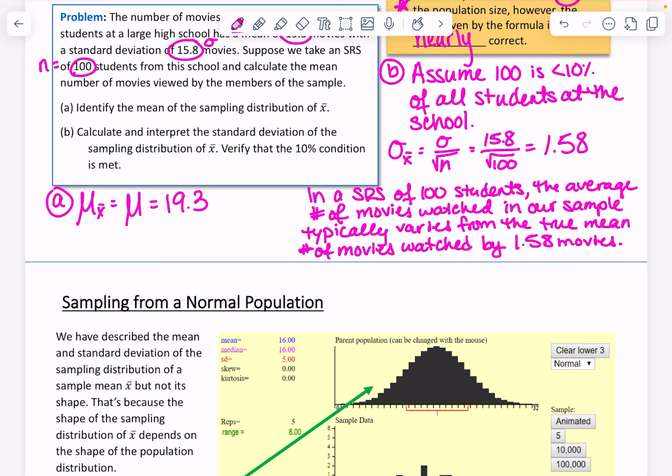So the average number of movies watched from our sample typically varies from the true mean number of movies by 1.58.